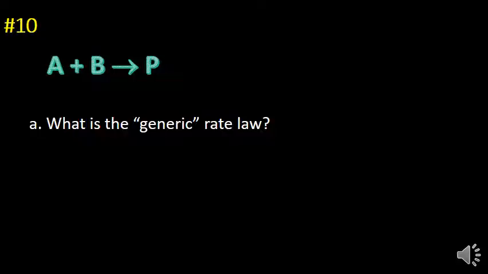Well, that's where we do rate equals K and then the concentrations with exponents that we don't know yet. That's just called the generic rate law because we don't know any of the numbers yet. We don't know the value of the exponents. We don't know K. It's going to take this form. We know that the products have nothing to do with it, but we do know it's going to take this form. And then we can start building on it.